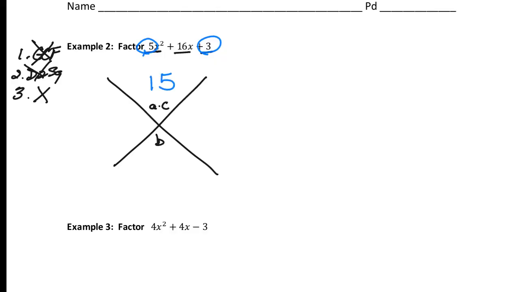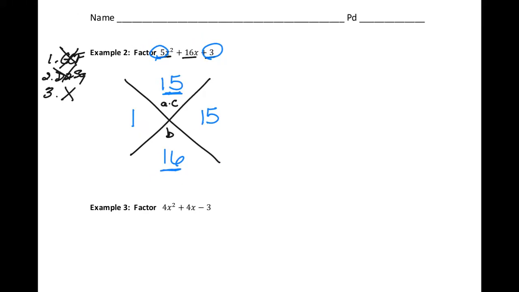What's going to go on the bottom? Sherlyn, what's going to go on the bottom? 16. Wait a minute. That number is bigger than my top number. So do you know and remember which factors it has to be? It has to be 1 and 15. That's the only way that this would be bigger.